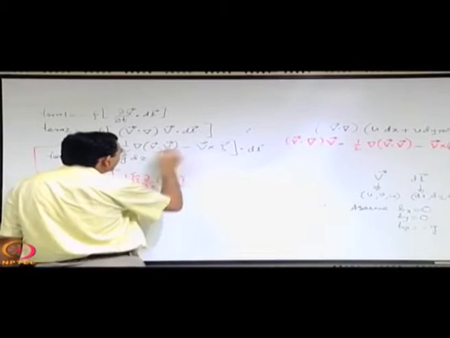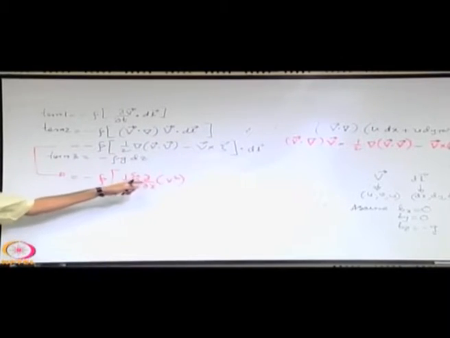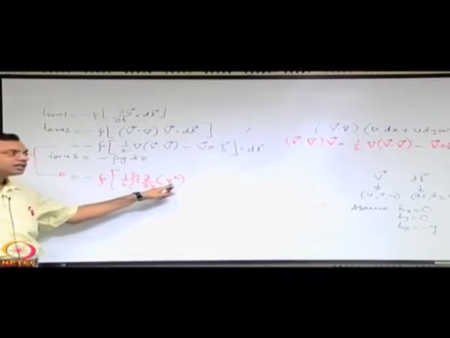What is v dot v? V dot v is V square, where this capital V is the resultant velocity.